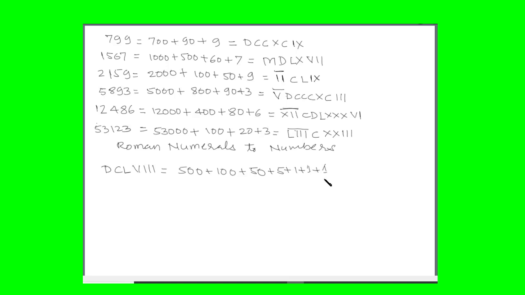As I comes 3 times, so 1 plus 1 plus 1. This is equal to 500 plus 100, 600, 650. Then 55, 56, 57, 58. This is 658.